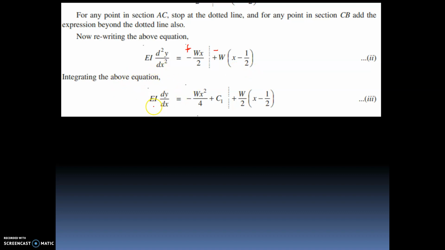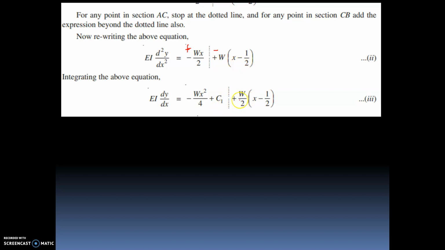What you will get: EI into dy by dx is equal to w x square by 2 divided by 2, so it becomes w x square by 4, plus one constant has to be added, that is the Macaulay method, so plus C1.